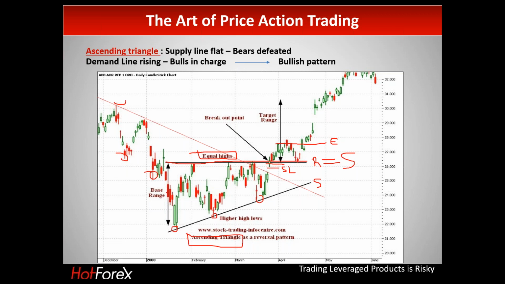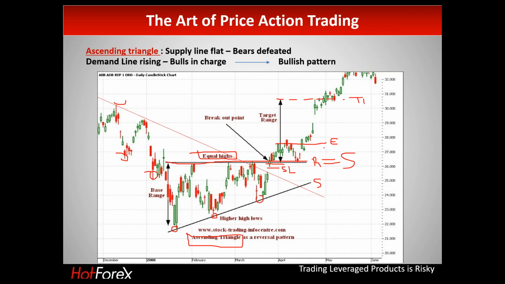So from the beginning of the triangle. Okay, so we are measuring this distance. We're coming over here on the breakout of the resistance level, and we're taking the same distance again over here. And here is my first target.